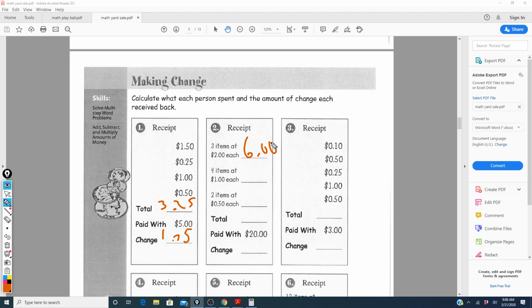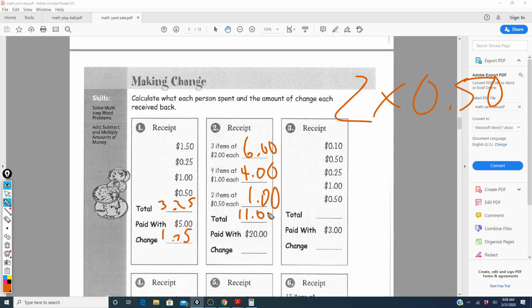If you had 4 items at $1 each, that's 4 times $1, which would be $4. 2 items at 50 cents each is 2 times 50 cents, which will give you $1. When you add all of them up, 6 plus 4 plus 1 is $11.